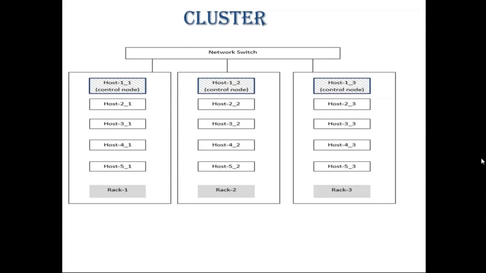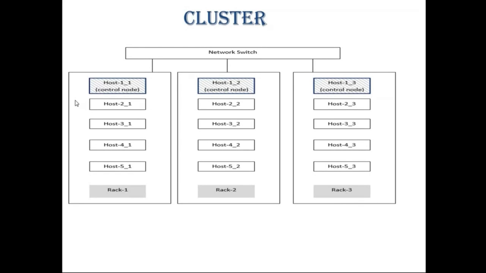In the Hadoop Distributed File System, you will have multiple nodes working on your task. In an ideal cluster, each of these racks will be located in different physical locations. That means rack 1 could be in North America, rack 2 somewhere else, rack 3 somewhere else.